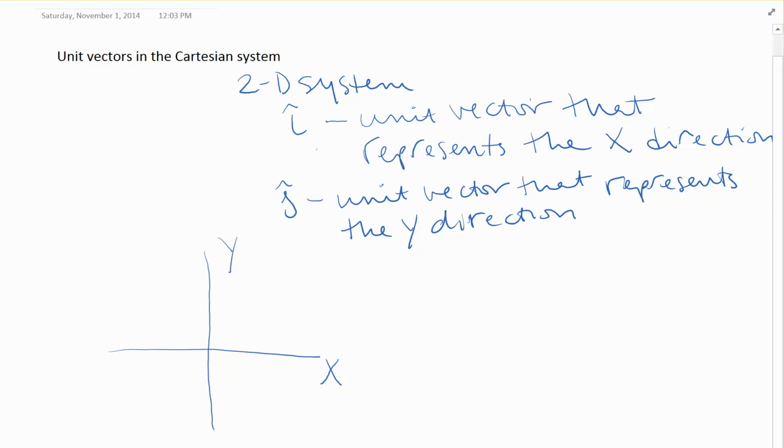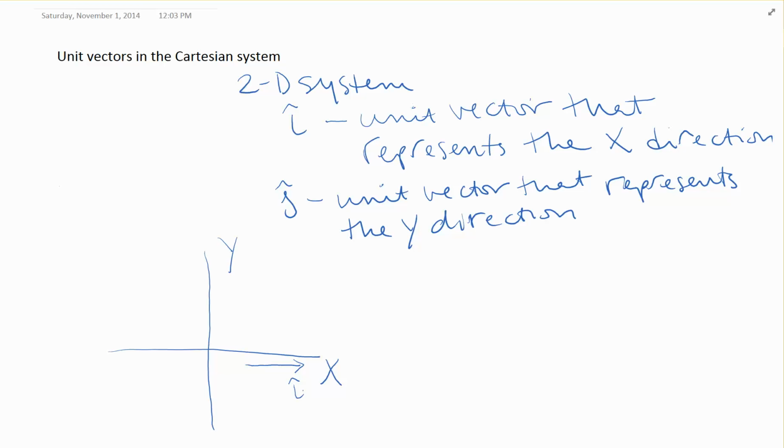So the I unit vector is going to represent the X axis, or the X direction. So we can just simply draw in here I hat, and sometimes it is said I hat. The little circumflex on top just indicates that it is a unit vector instead of a regular vector.